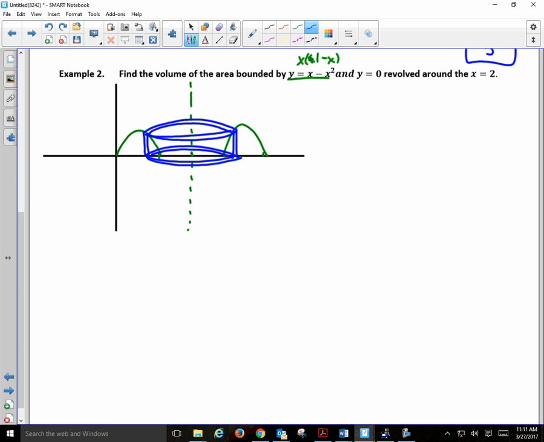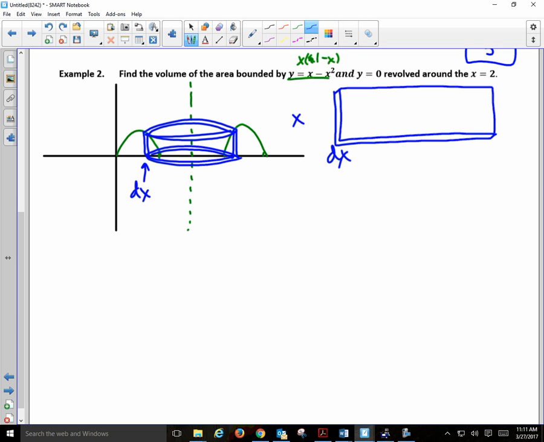I can see I get a cylindrical shell. Unravel it. What is the width of my original rectangle? That original rectangle I drew has horizontal width. We'll call it dx, so that means that this has width of dx as well. What is the height of that rectangle, or the height of my shape that I've expanded here? X minus x squared.